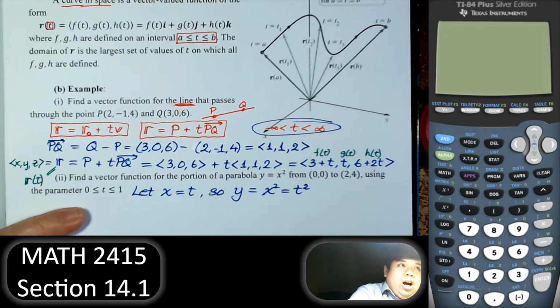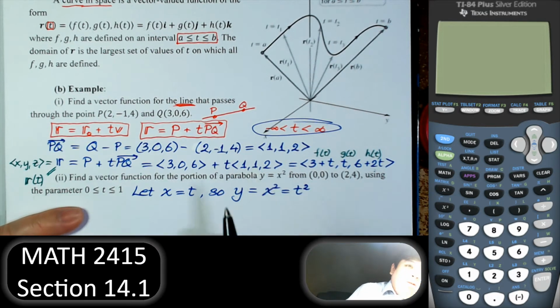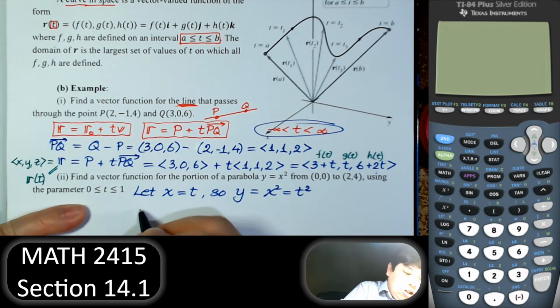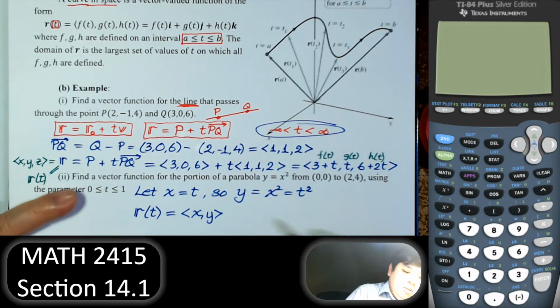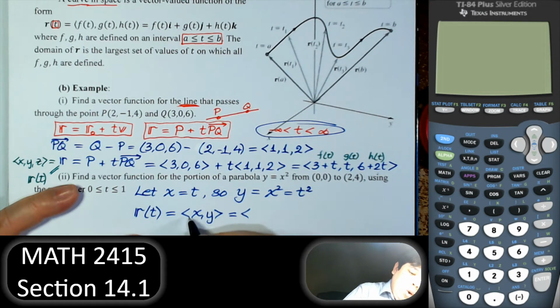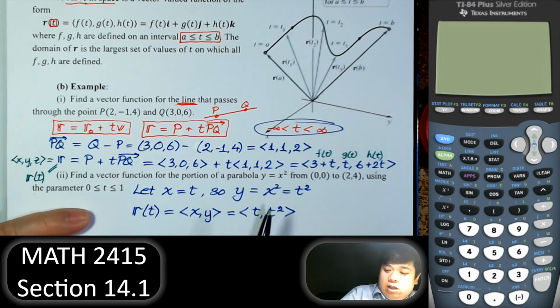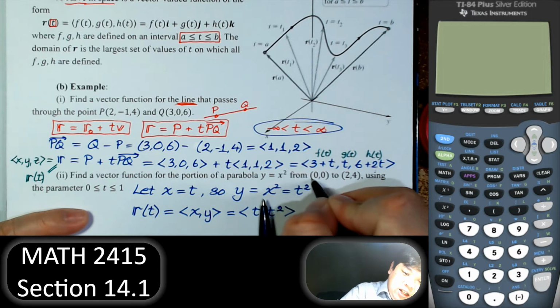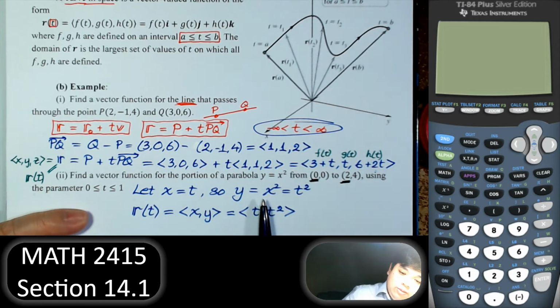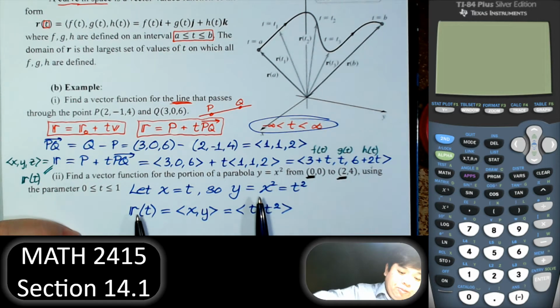So the parametric form or the vector valued function we can write like this, or we can write x and y, where x is equal to t and y is equal to t squared. That's good and all, but notice that in this equation we do have x going from 0 to 2.